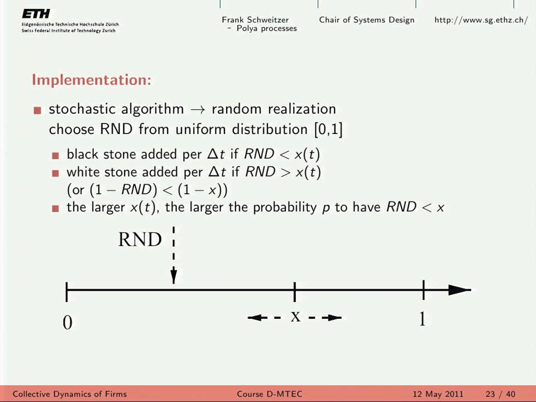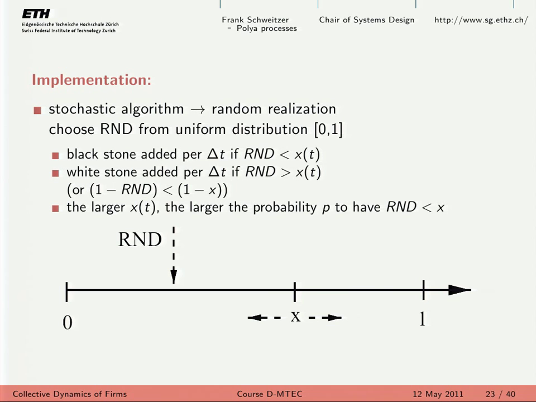You already know how to generate random events in R. So you choose a random number between 0 and 1, and you have the following rule that's described here.